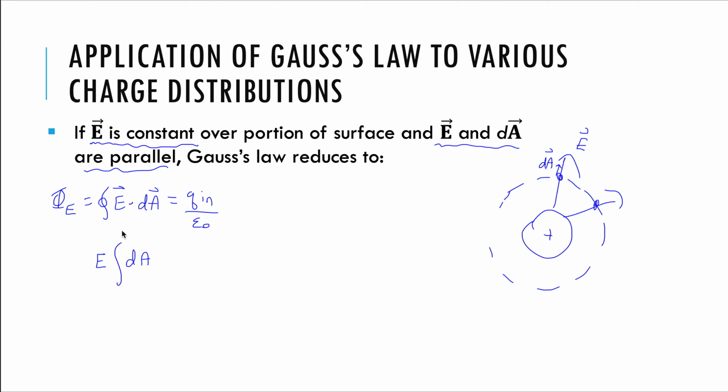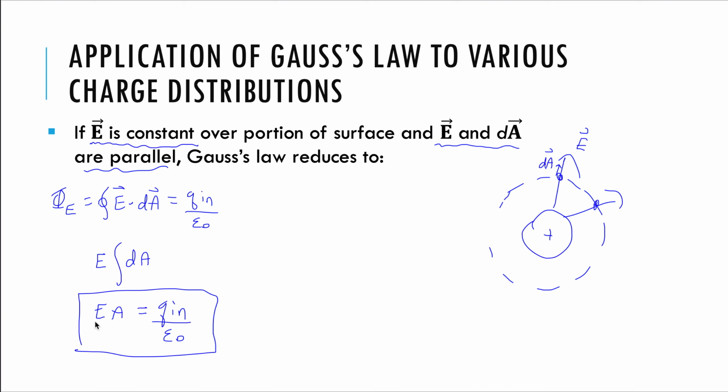I was a little bit ahead of us. But the integral of dA is just the area A, so we get E times A. So this is what's really important to remember when we're using Gauss's law. If we take advantage of symmetry, then we're going to end up with this equation, and then it's going to be relatively easy to solve for E because we just divide this expression by area.